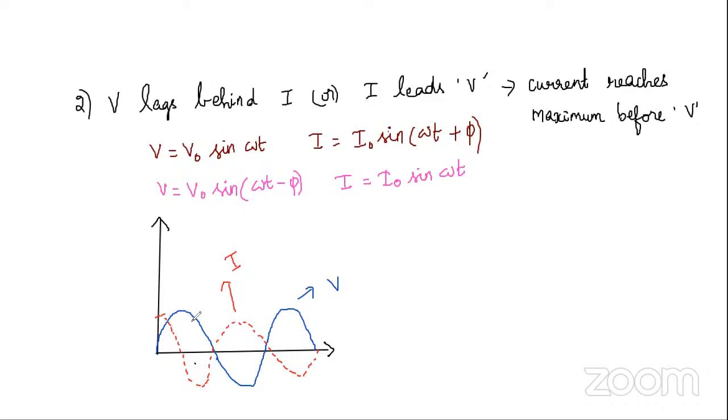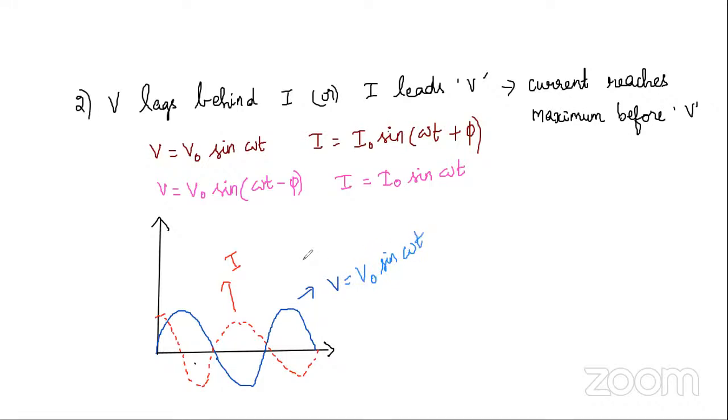I think you can understand all these things. So here V equal to V naught sin omega t, because this is a sine wave, as you can see.